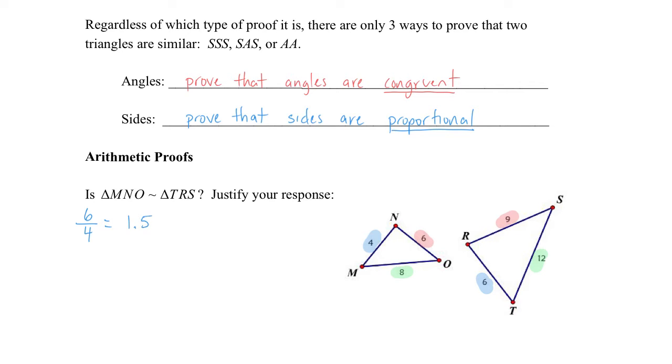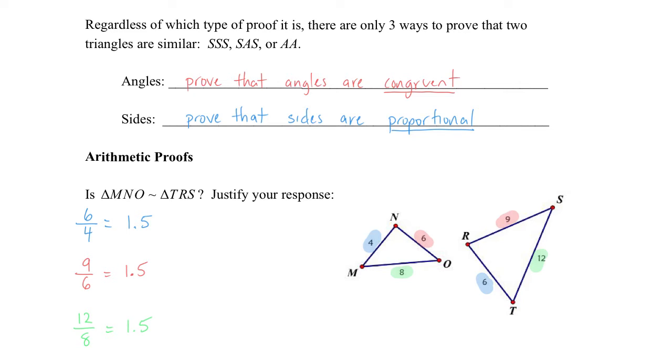Okay. All right, so let's try the middle. So the middle sides are going to be 9/6, and that also divides to 1.5. So we're looking good so far, but you have to check the third side. So the third side is going to be 12/8. That also equals 1.5.